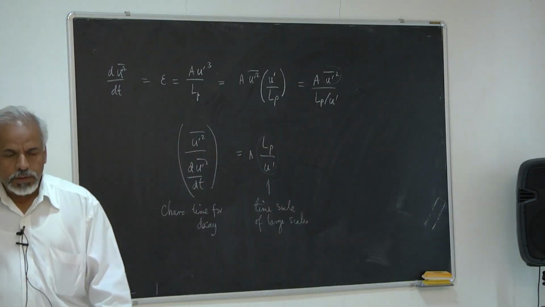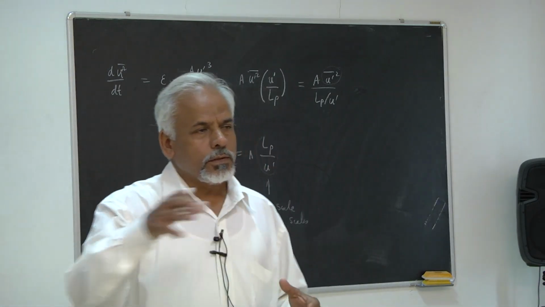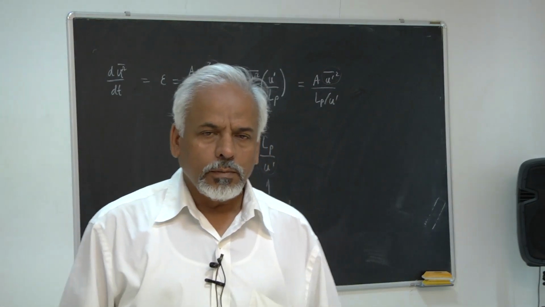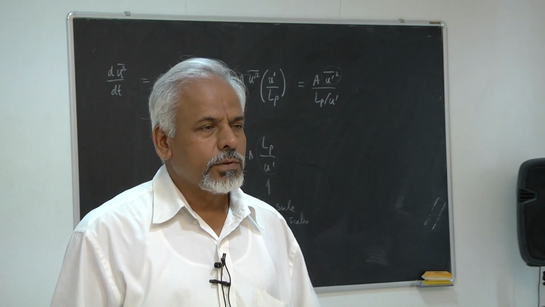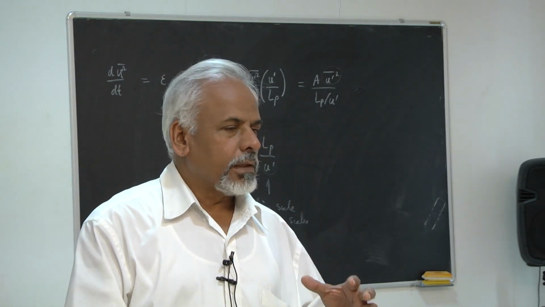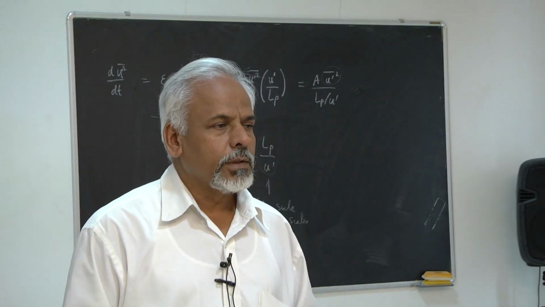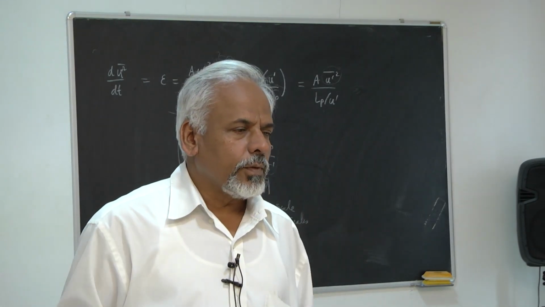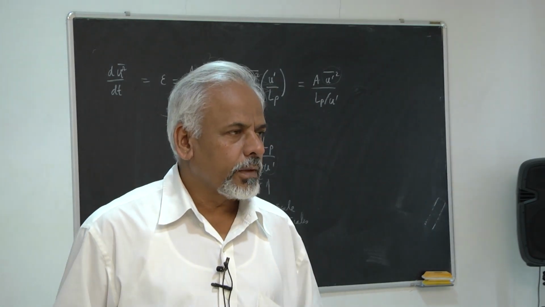So you know what it means? It means that if you shake the box or stir the flow at some length scale, more or less, and allow it to decay, if the large scale changes by a conspicuous amount, let's say by a factor 5 or something like that, by that time all the energy is depleted.